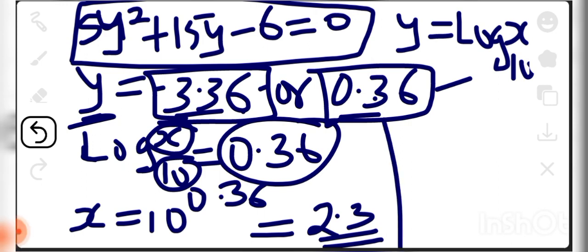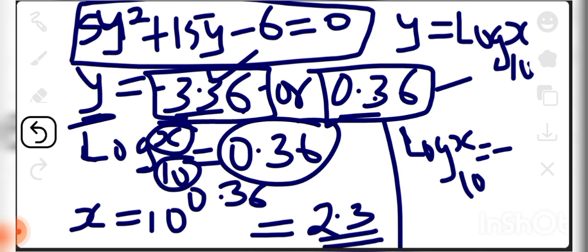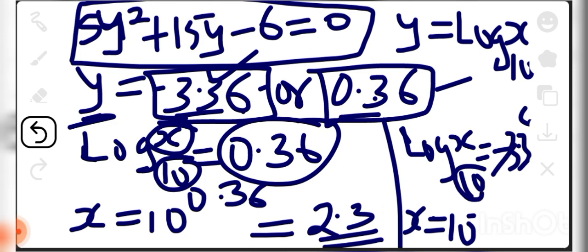Then for the other one, log x to base 10 is equal to minus 3.36. So our x will now be equal to 10 raised to the power of minus 3.36.